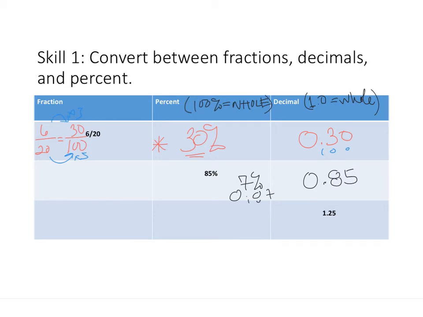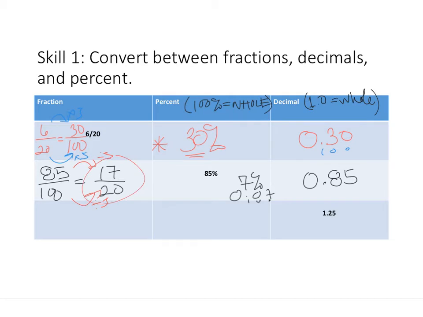To write 85% as a fraction, it's 85 hundredths, and now you just have to simplify it. When we divide by 5, because 5 is a common factor of 85 and 100, we get 17/20.